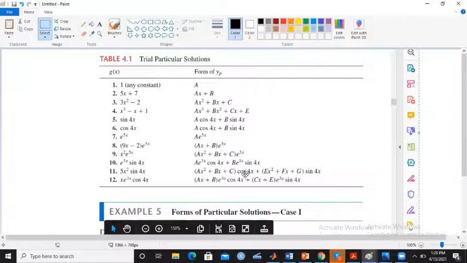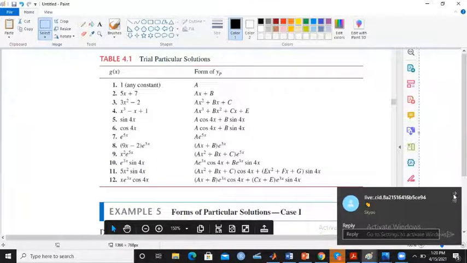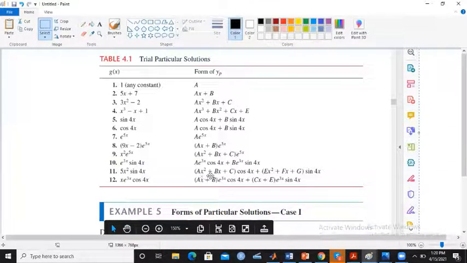Therefore, I will write it twice, cos 4x, sine 4x, and as the coefficient here, I will consider the entire polynomial. So we have ax squared plus bx plus c, ex squared plus fx plus g sine 4x. Okay, so please remember this rule.